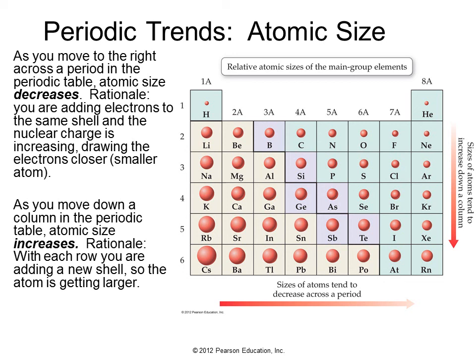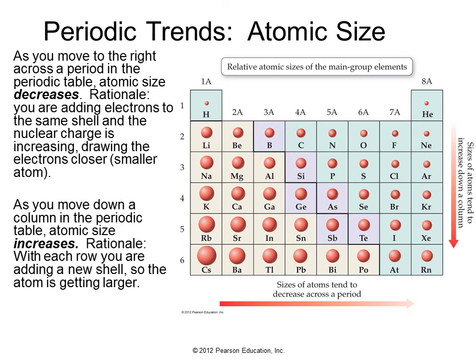And the nuclear charge is increasing. Atomic number of lithium is 3, so we have a +3 nuclear charge drawing those electrons in. Here we have now a +4 charge, +5, +6, +7. I think I have that right.